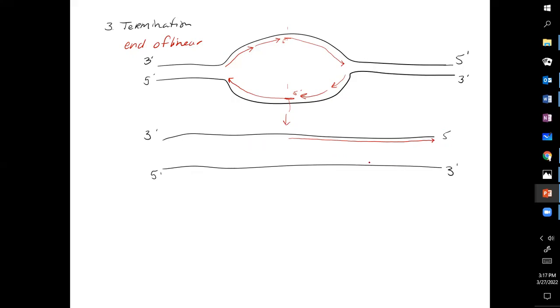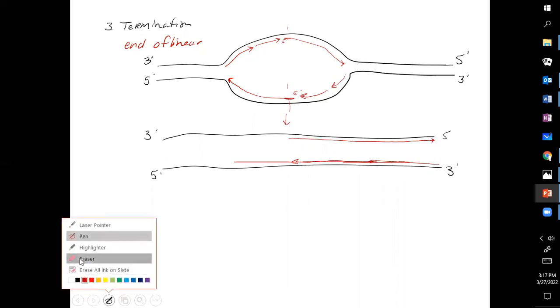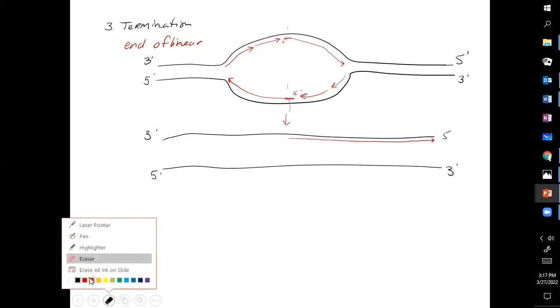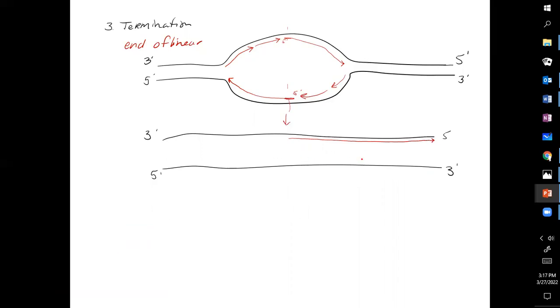This, remember, was done in chunks. So if this was one Okazaki fragment, oops, sorry, here's another Okazaki fragment. DNA polymerase 1 would come in, run into the other primer, replace it, right?